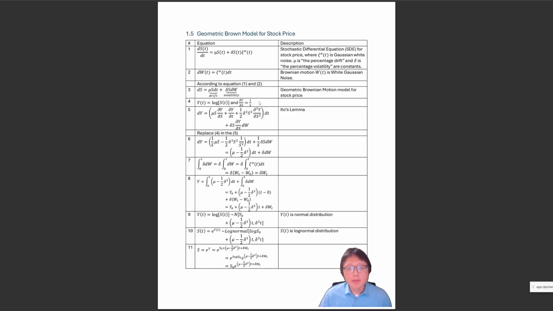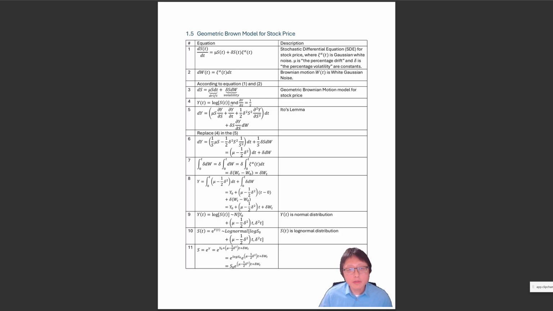Then people can solve it. Which actually in my business, in my engineering area, is the same thing. We have a partial differential equation. It's very hard to solve. A smart guy 100 years ago came up with a transformation, made it into an easier form so people can solve it. So this idea is called transformation. This idea will be used in how to solve the Black-Scholes equation also. But here it's simple, okay?